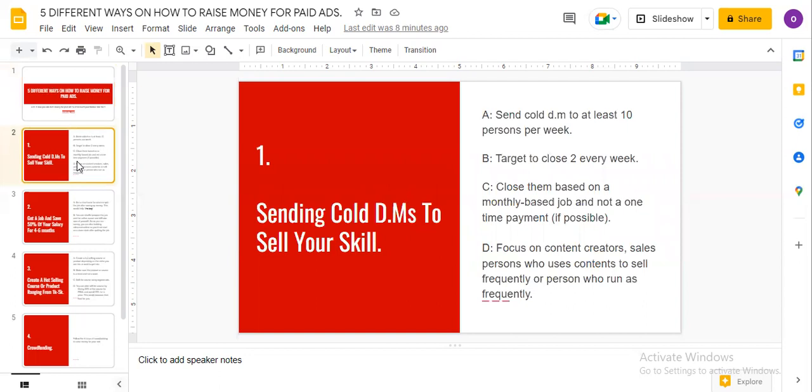Now, number one is what actually turned me into a millionaire in the year 2022. Number one was what helped me start raising money for ads. And when I say money, I mean 500K, 100K, 150K, 200K. And what is this particular step?